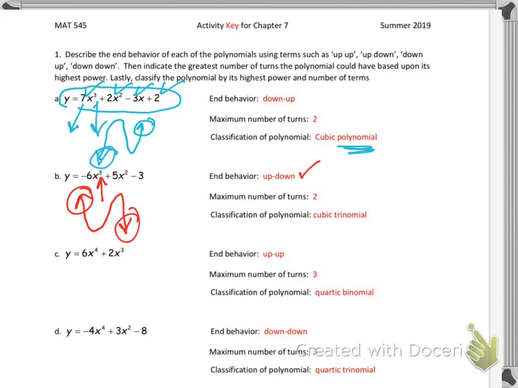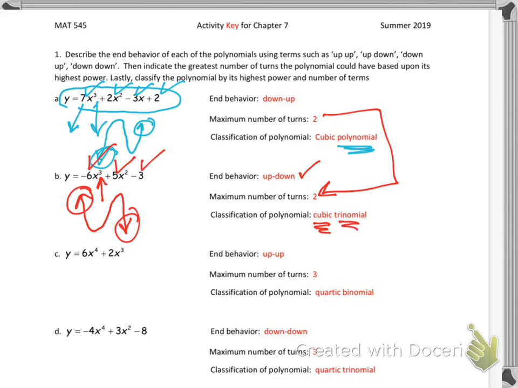It's a cubic, so just like this problem, the maximum number of turns will be 1 less than the highest power, so that's 2. It's a cubic trinomial because it's a cubic due to the power, and it has 1, 2, 3 terms. Remember, the terms are separated by addition and subtraction, so it's a trinomial.